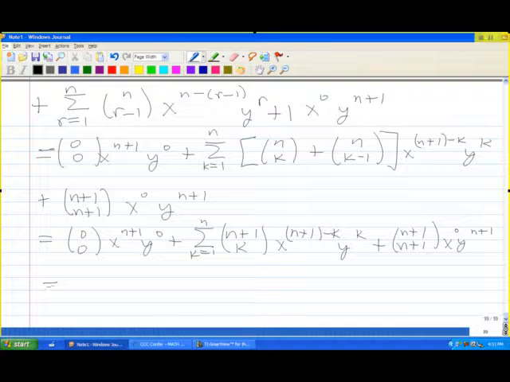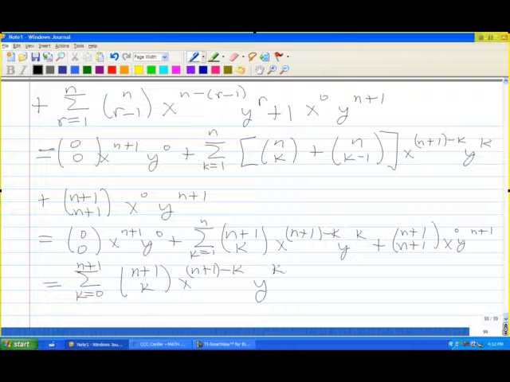But this is just the sum, k equaling 0 to n plus 1 of n plus 1 Ck x to the n plus 1 minus k y to the k. Notice that this first term is just the first term in this expansion.